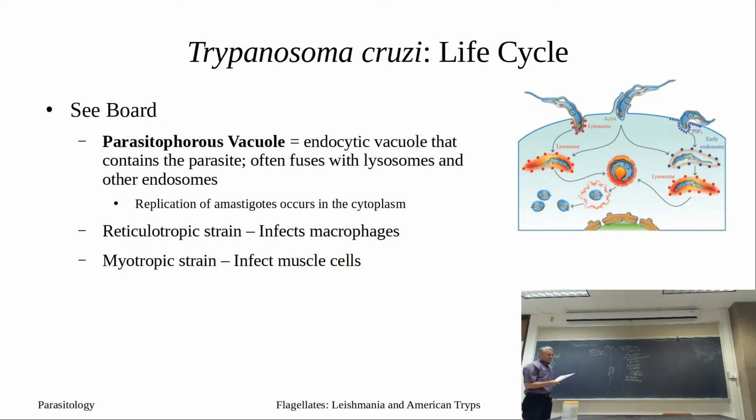All right? Now, with this parasite, there's two things that could happen, and both of them are probably likely. One, these amastigotes now get phagocytized back by our macrophages and other cells of the reticuloendothelial system.